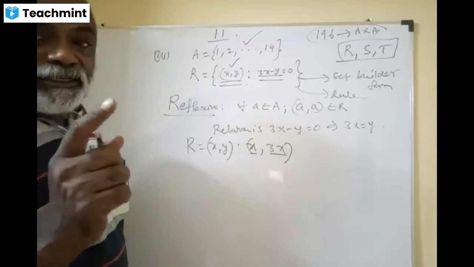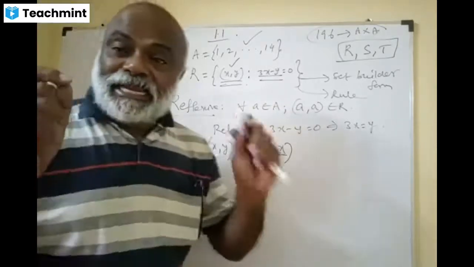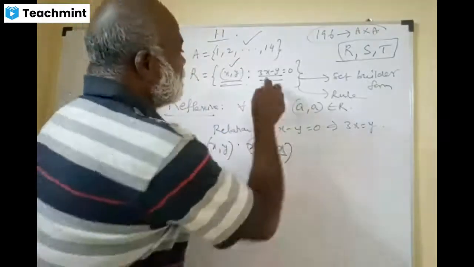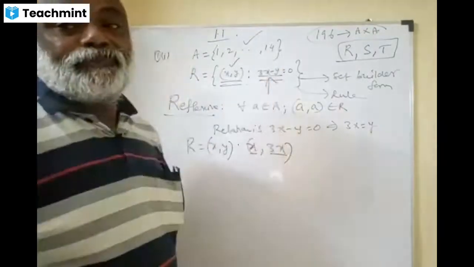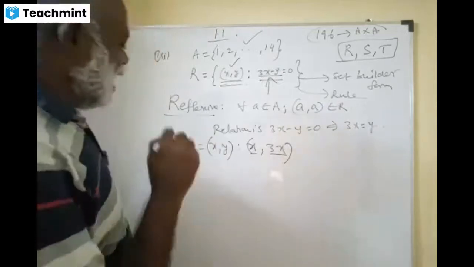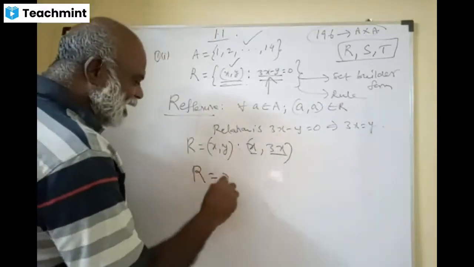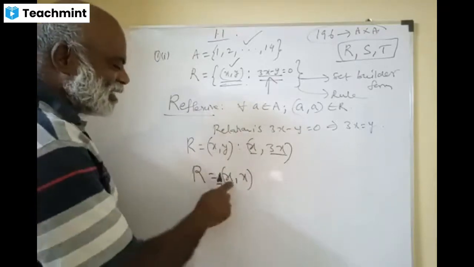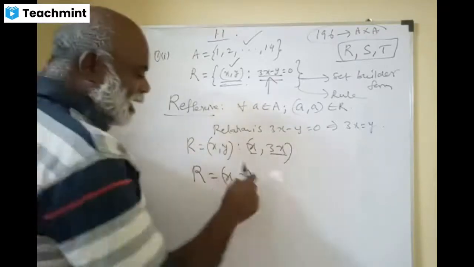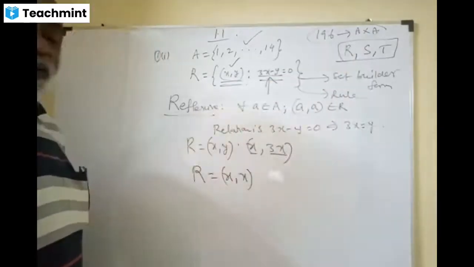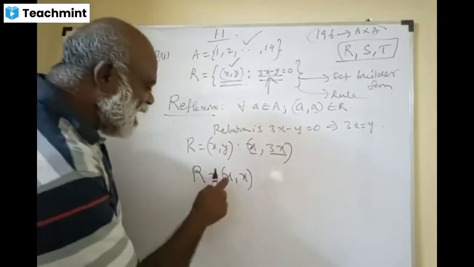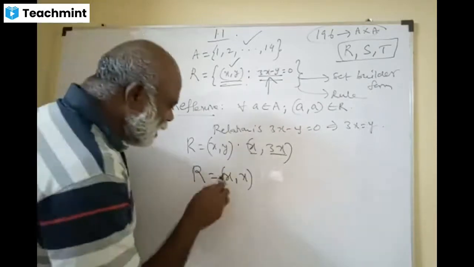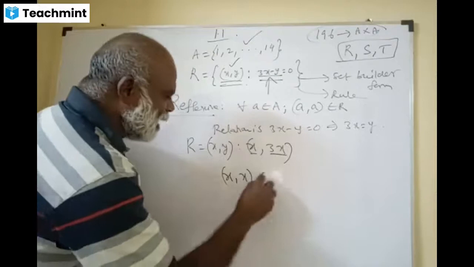See, dears, you can call it a relation only when the first element and second element are subjected to this rule. When I say reflexive, it is (X, X), like (X, X), (Y, Y). But if I say (X, X) under this rule, does it belong? Can you say (X, X) belongs to R?